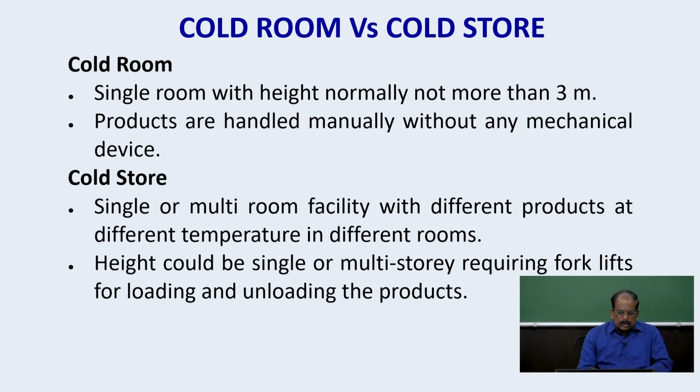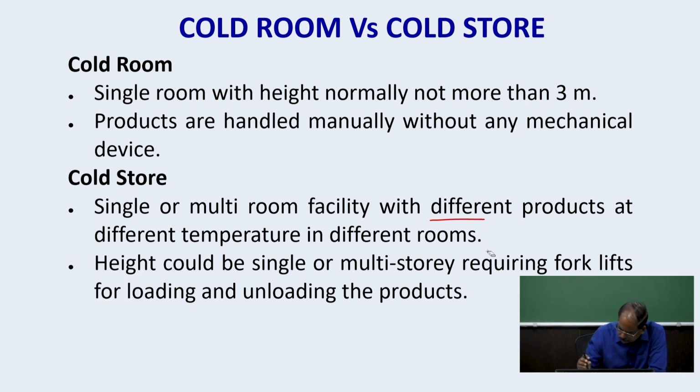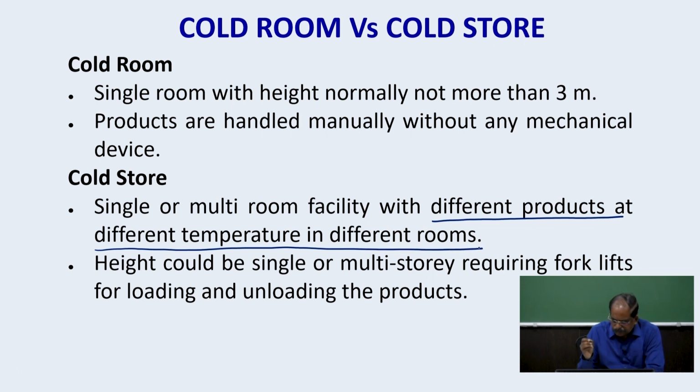If you take a cold store, it could be a single or multi-room facility with different products at different temperatures in different rooms. Okay, so this is very, very important.